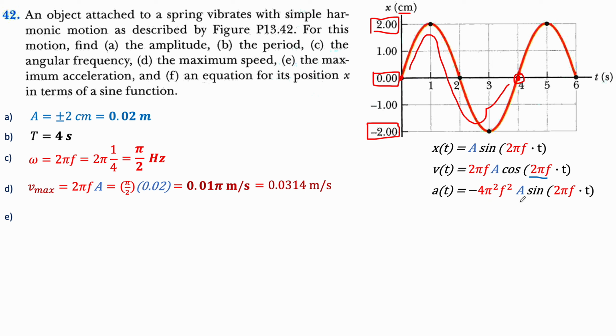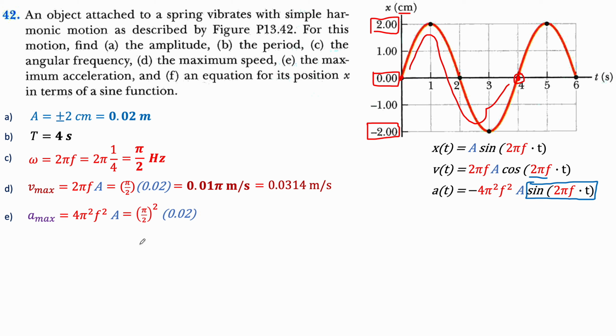Not that it matters. In this case, when is the acceleration the maximum? Well, when this is equal to either positive or negative 1. In this case, let's think about it in terms of when it's negative 1, so we can lose our negative sign up front. Maximum acceleration then is just going to be equal to 4 pi squared f squared times the amplitude.